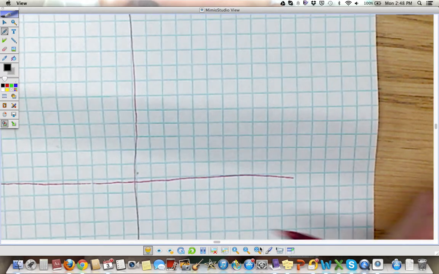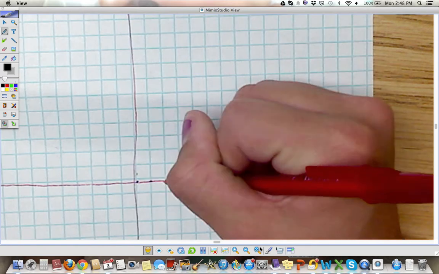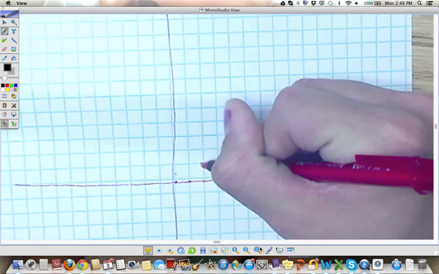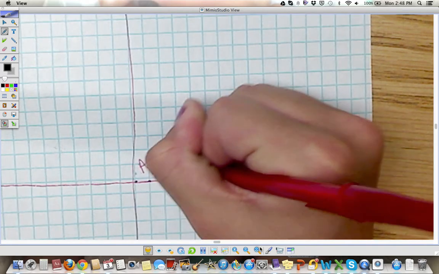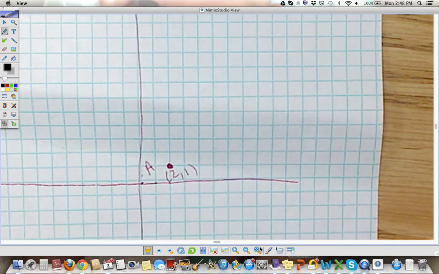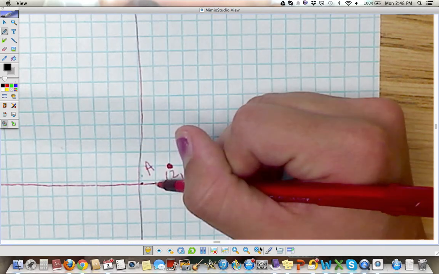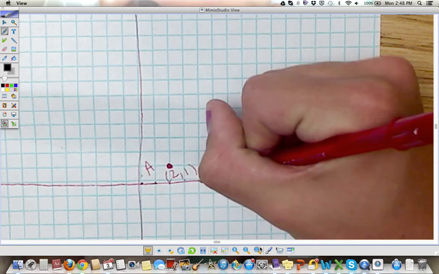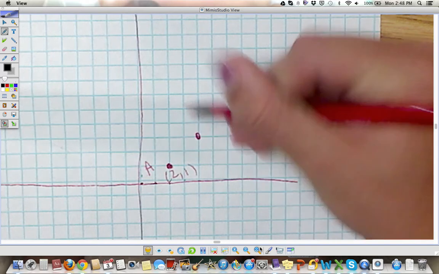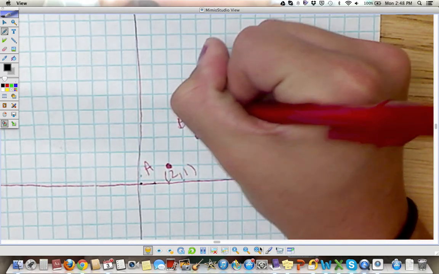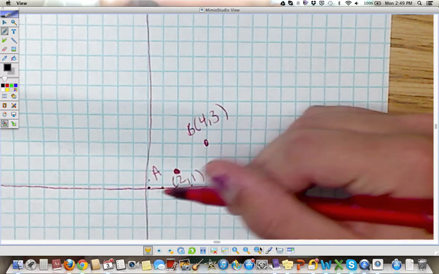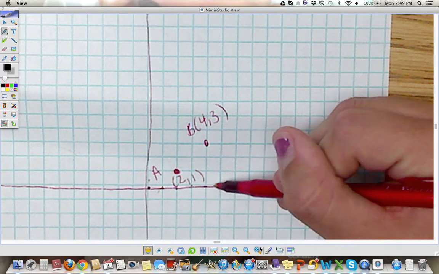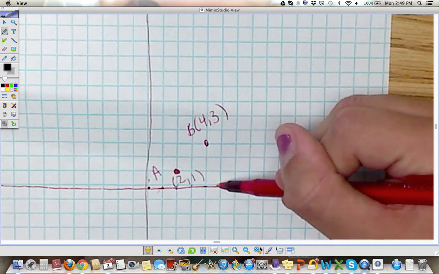From the origin, let's go right 2, up 1. Let's call that A. So 2, 1. From the origin, let's go right 1, 2, 3, 4, and up 1, 2, 3. 4, 3 is B. From the origin, let's go right 1, 2, 3, 4, 5, and let's go up 2.